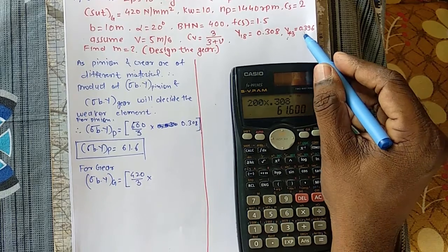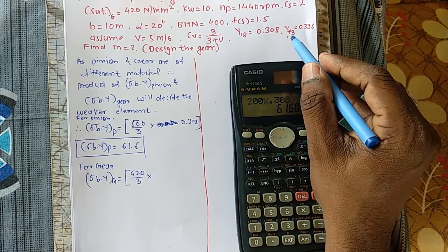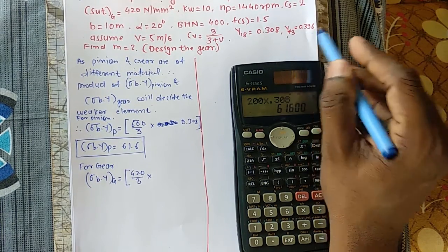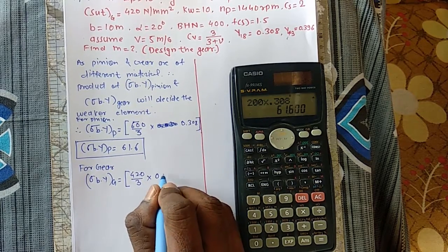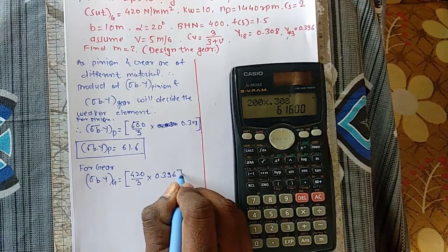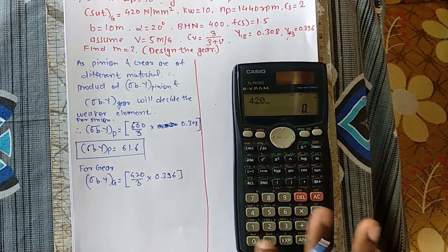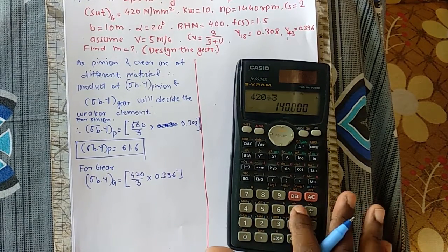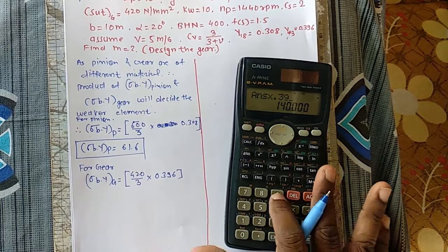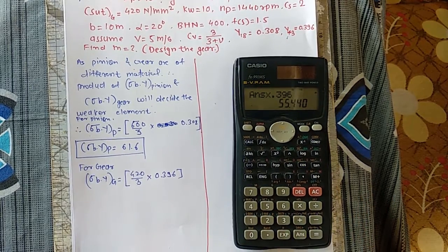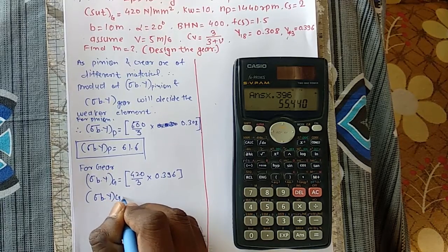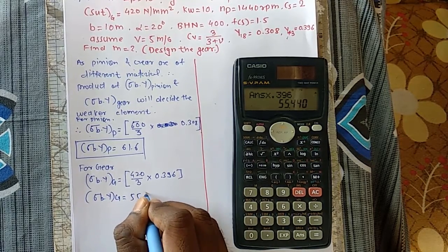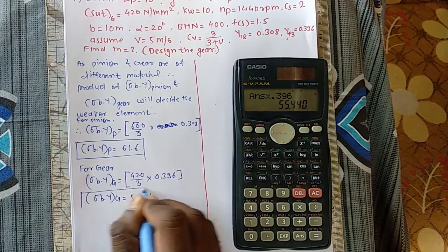It is 0.396 because number of teeth on the gear are 43. So 420 divided by 3 into 0.396. So I got the answer as sigma B into Y for gear is 55.44.